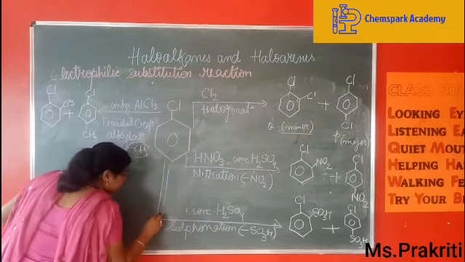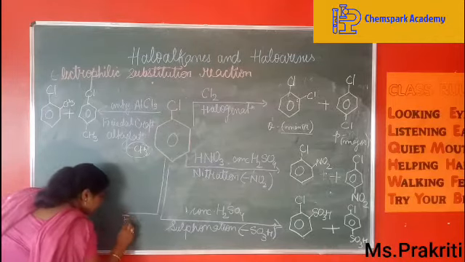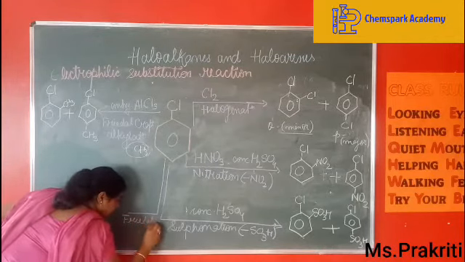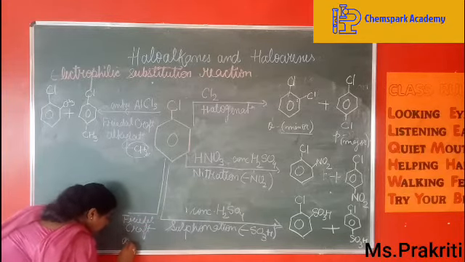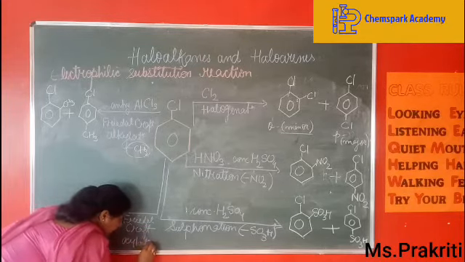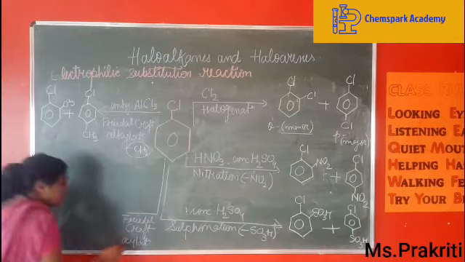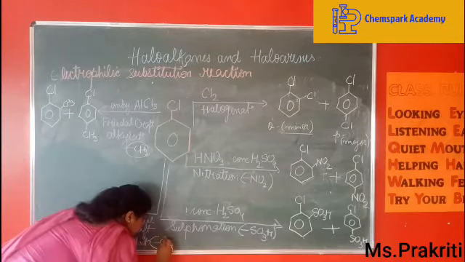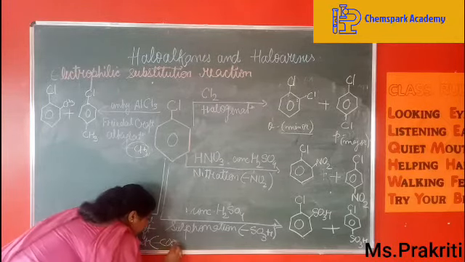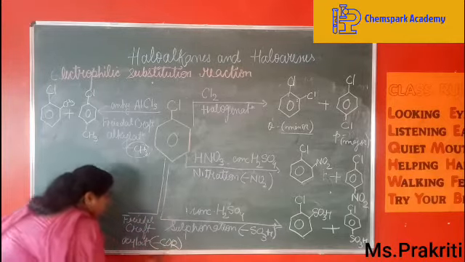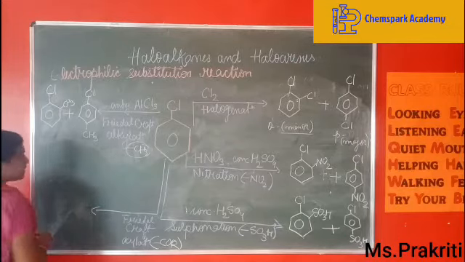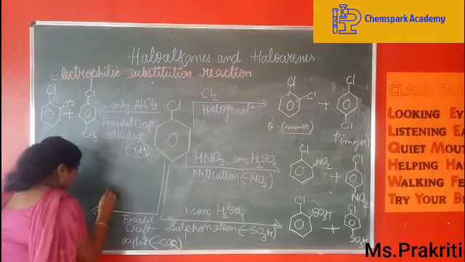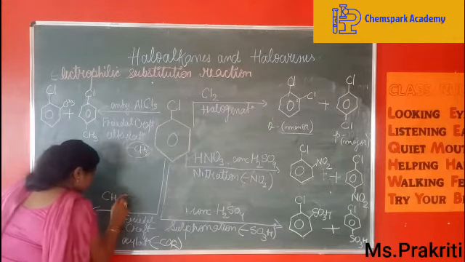The next part is the Friedel-Crafts acylation, and this acyl group is COR. R means any alkyl group you can use here. Here I will react this chlorobenzene with CH3COCl.